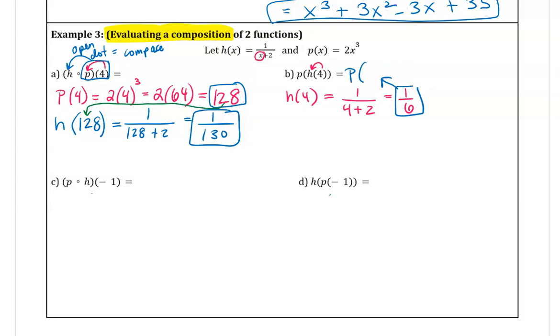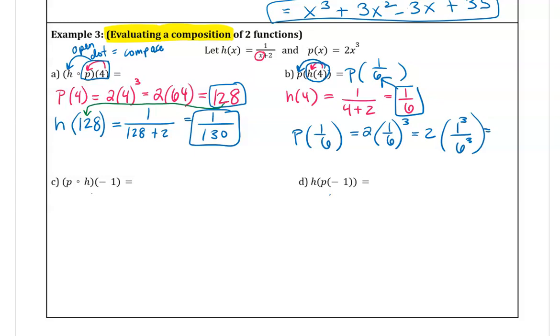So just color code this. I take the answer to what I got when I did h of 4, and then that is what goes into p. So p of 1 over 6 would be when I cube 1 over 6 and then multiply that by 2. So that would be 1 cubed over 6 cubed, and that is 1 over 216, and this is like 2 over 1 times 1 over 216.